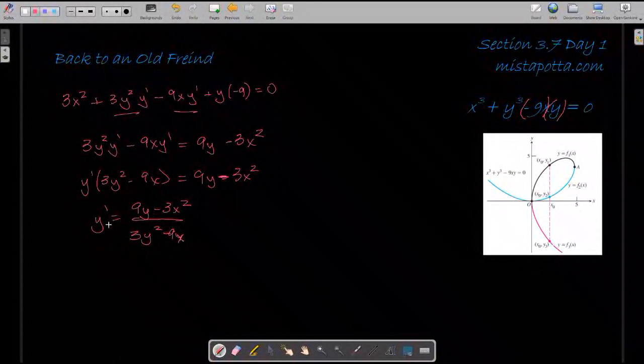But of course, this depends on our x and y coordinates, so I'm going to have to figure out which of these points we're dealing with. And you can see that something interesting happens if I try and substitute the origin, because at the origin we should have two tangent lines.